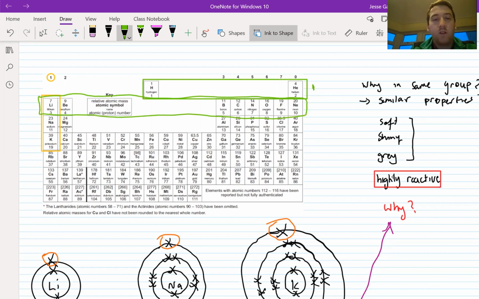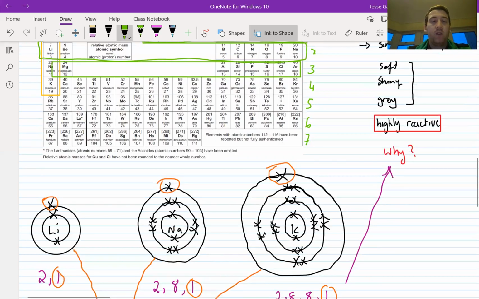This here is period 3. And again, all of the elements in this row are in period 3, and so on. This is 4, this is 5, this is 6, and this is 7. Now, why is this important? Well, the period that an element is in tells you how many shells of electrons they have.